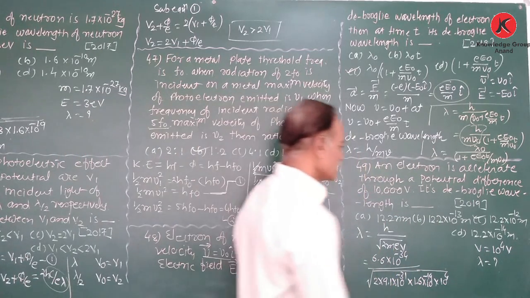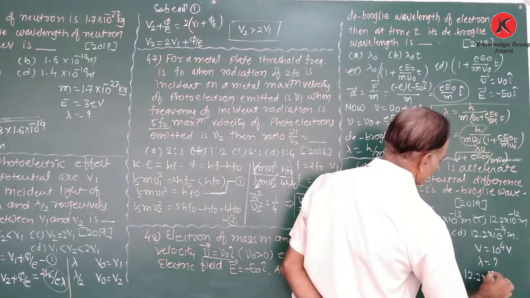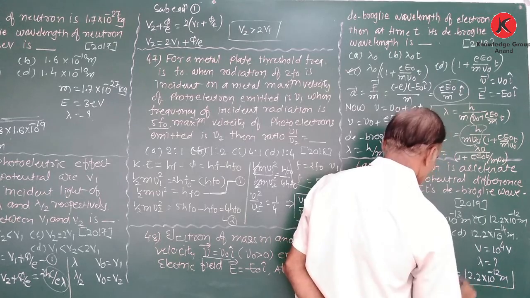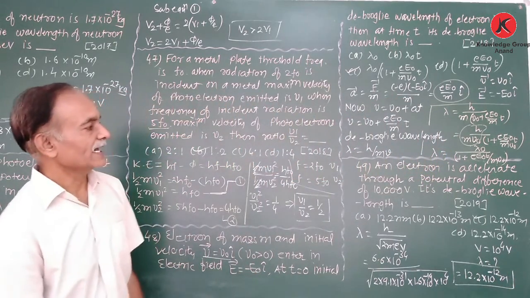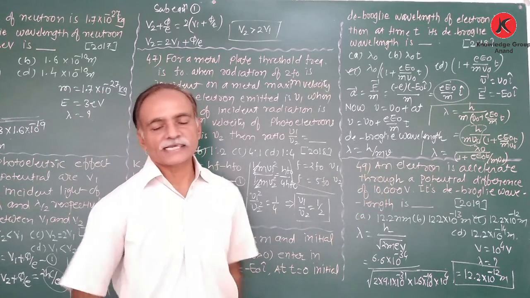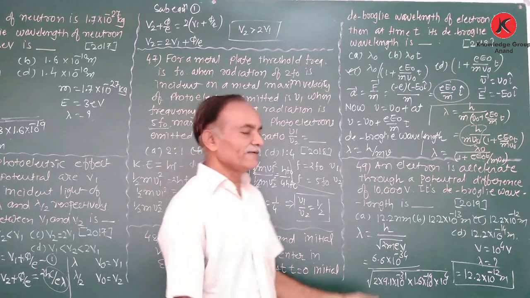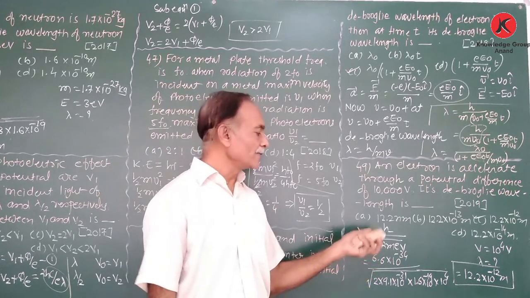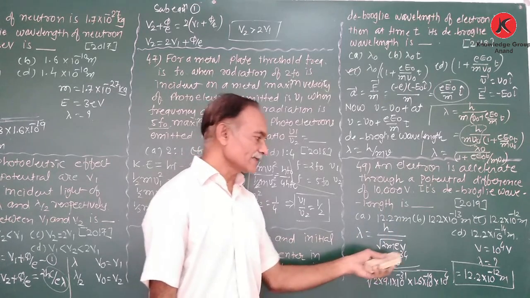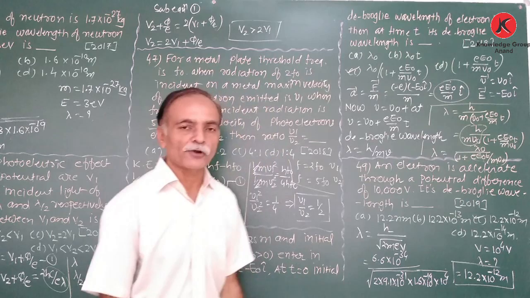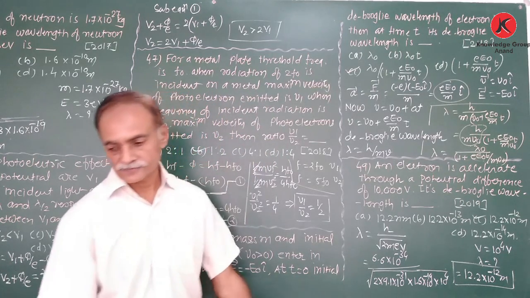Simplified, we obtain the answer 12.2 into 10^-12 meter. That is the de Broglie wavelength of an electron that is accelerated through a potential difference of 10,000 volt. In this numerical, we only have to apply the equation lambda = h upon under root of 2 m e V. Substitute the values, and we obtain the answer 12.2 into 10^-12 meter. Right?